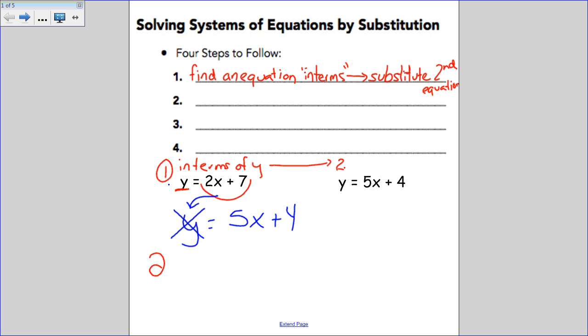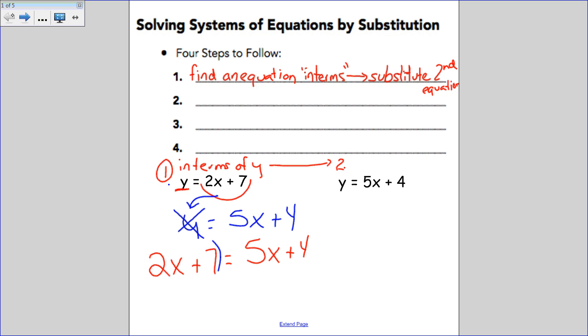It's going to say 2x plus 7 equals 5x plus 4. In this case, you do not have to do any distributing to solve this. This is a multi-step equation. Sometimes you might have something like 2y equals, and I would have to distribute before I can solve. That is not the case here, so don't worry about it.